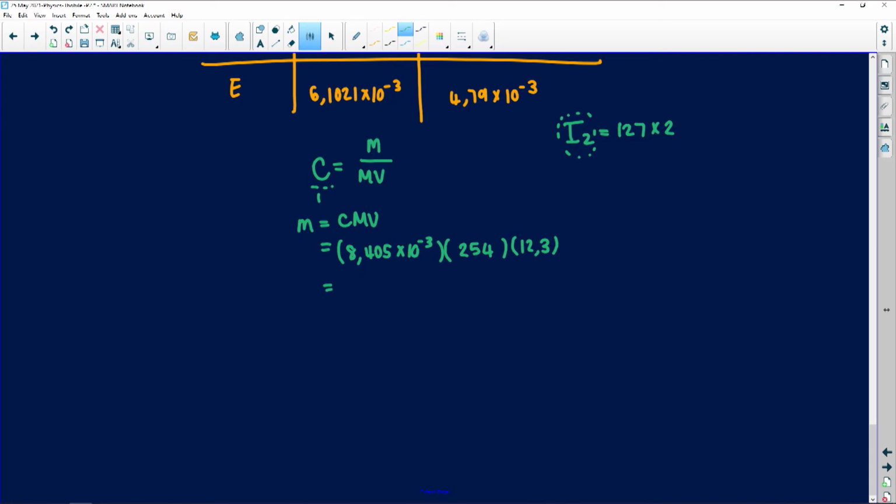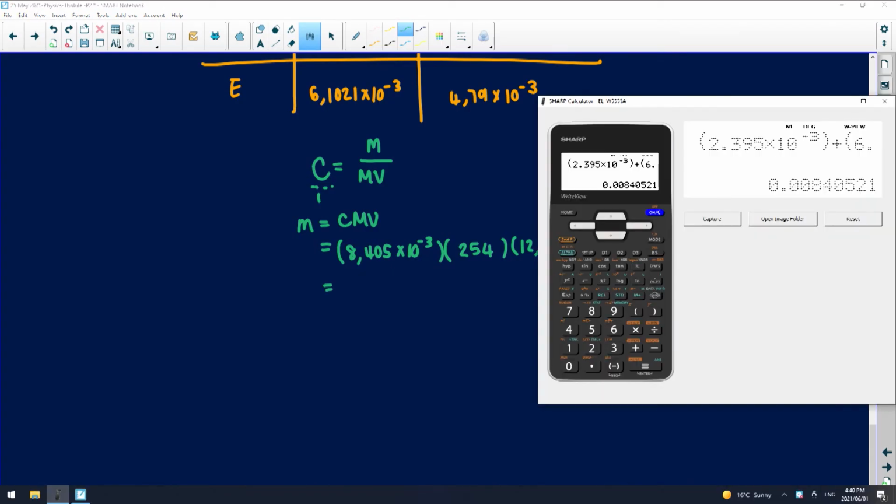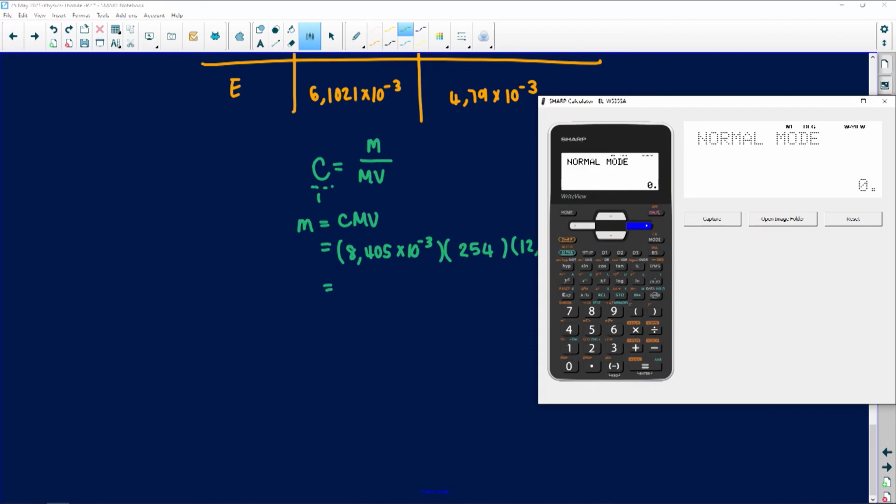Now I'm going to find my mass. I'm going to put everything exactly as it is, and then we should get our mass. Remember to put brackets around everything. I'm going to have 8.405 times 10 to the exponent negative 3, right?